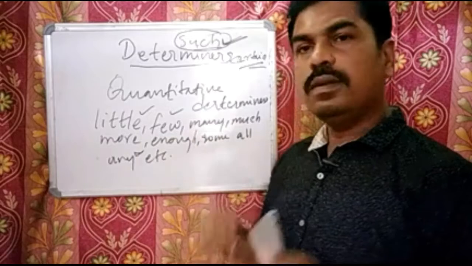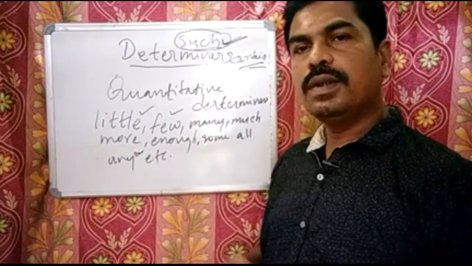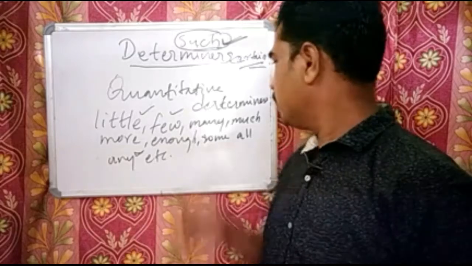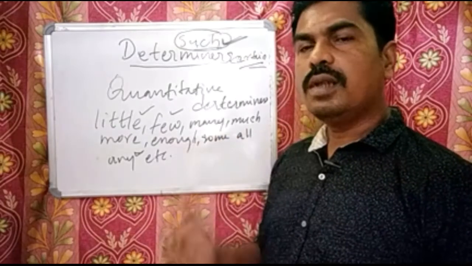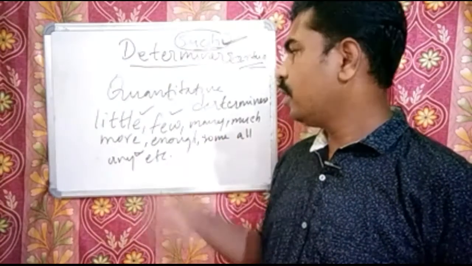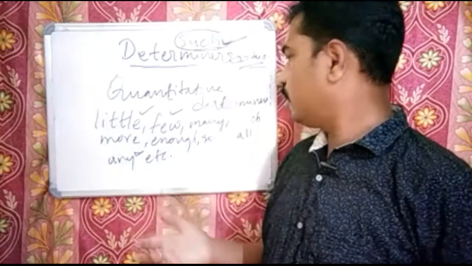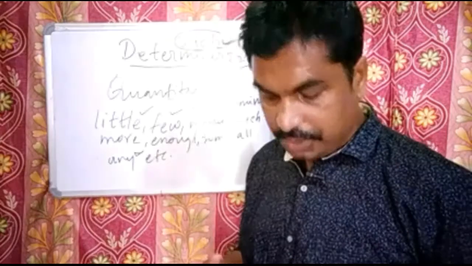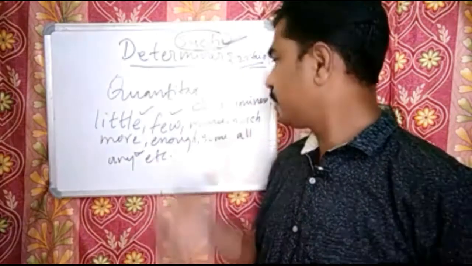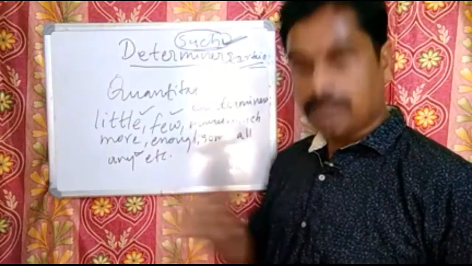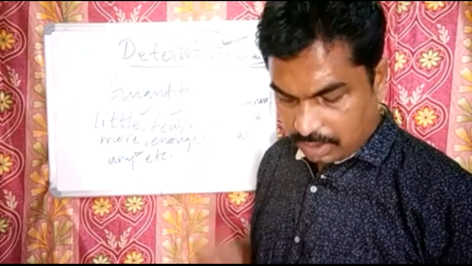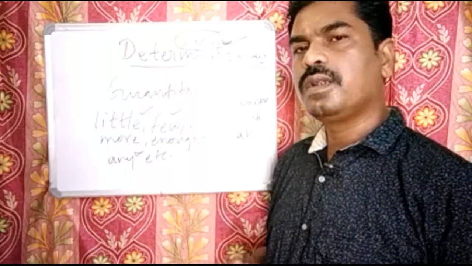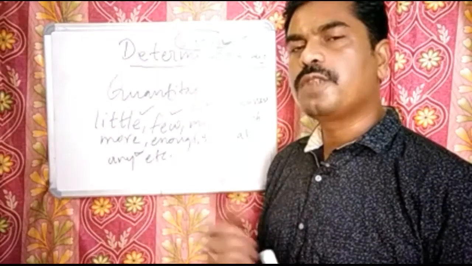Then comes many, that is whenever you talk about more in number: there were many people at the concert. So many people. Much: he has much money. More, I've told you: I need more money. Enough, that means whatever is required: I have enough stock of food grains for a week.